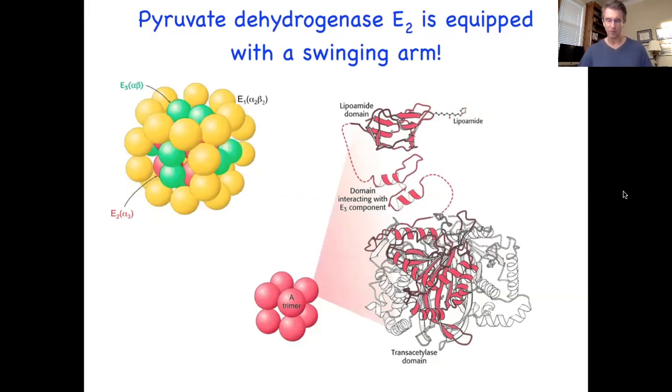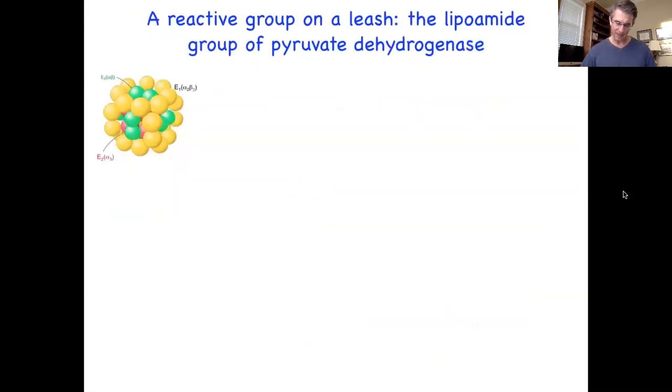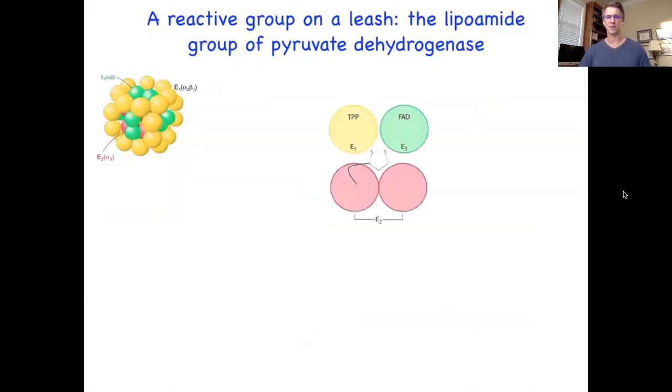And there's that reduced disulfide. And essentially, this acts like a little chemical robot, right? Where this is like a little robotic arm that's going to move back and forth between these different active sites as it makes acetyl-CoA. So to see what that looks like, let's go through the sequence of how this is thought to work.